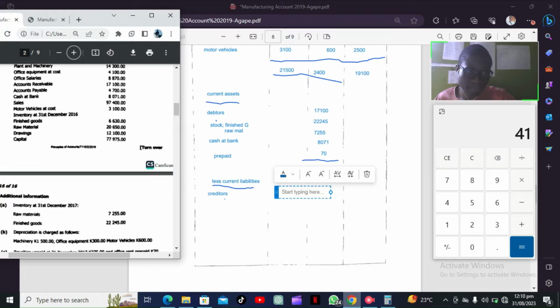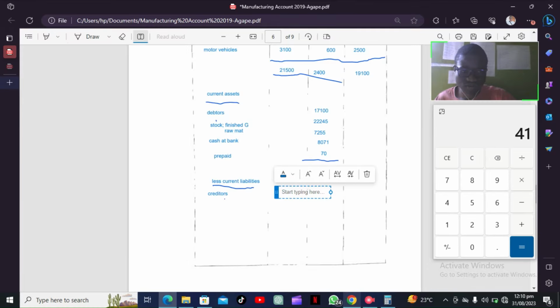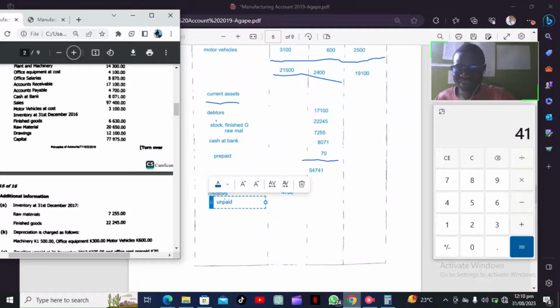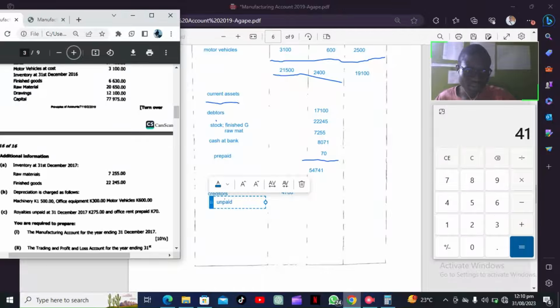So how much was our creditors value? Our creditors value was 4,700. Then we're going to continue. We're going to put our owing, or unpaid, royalties here. So you see, it's the same concept. How much was it?